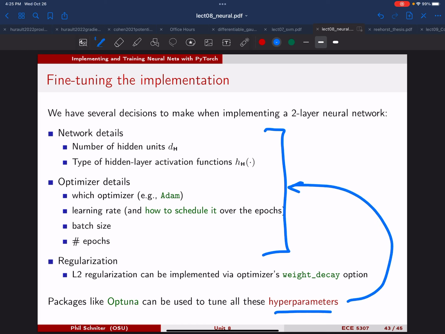So with this package, you can tell it you want to search over a certain set of different hidden units, certain set of activation functions, optimizers, learning rates. You can tell it these are all the things you want to try. And then you can either do a grid search where it tries every single combination, which can take a long time because of how many combinations you get.